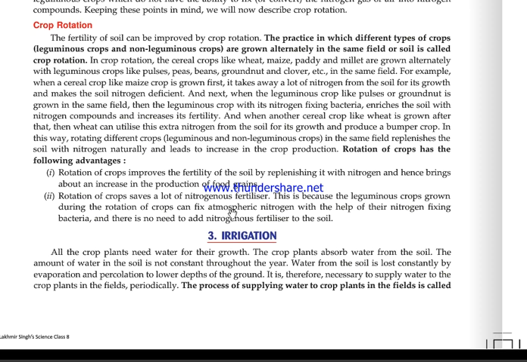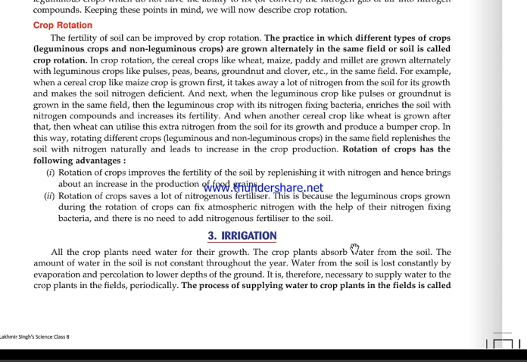Suppose here is a field and the same type of plant growing in the field, that is called crop, and there is need of supplying water to the crop for its well growth.